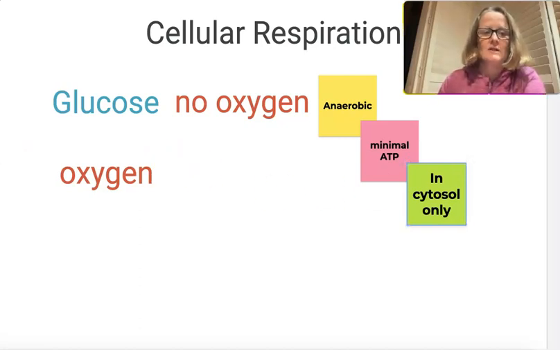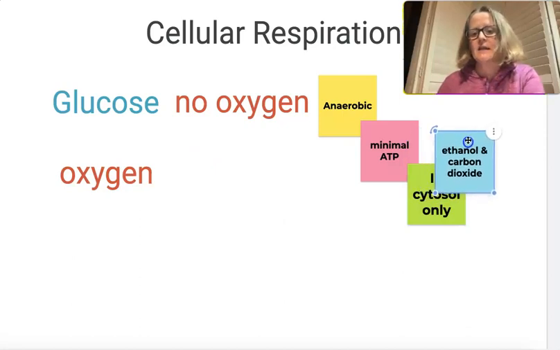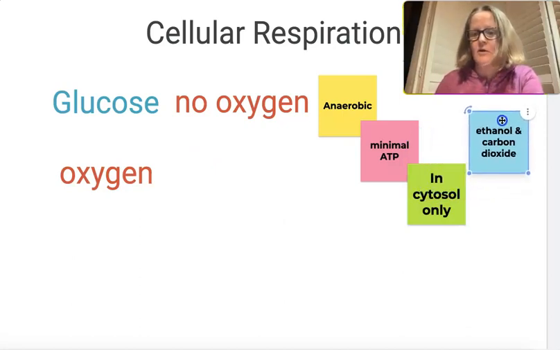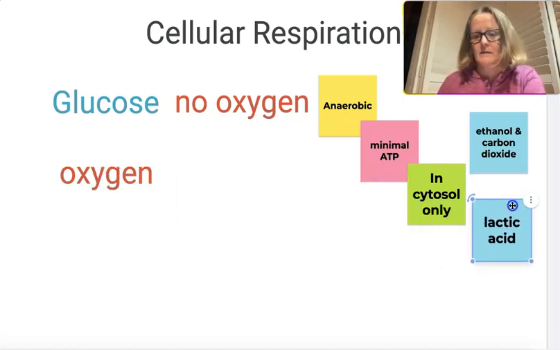And there are 2 different pathways that can result when we have no oxygen, when we have anaerobic respiration. If it is in a yeast cell, we end up with ethanol and carbon dioxide, and you'll be familiar with that because of fermentation. If it's in a bacterial cell or in the cells of our bodies, in our muscles, if we don't have enough oxygen, our final product from anaerobic respiration is lactic acid.